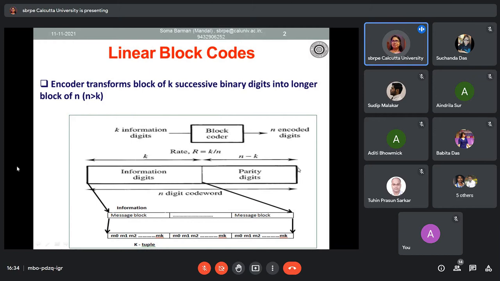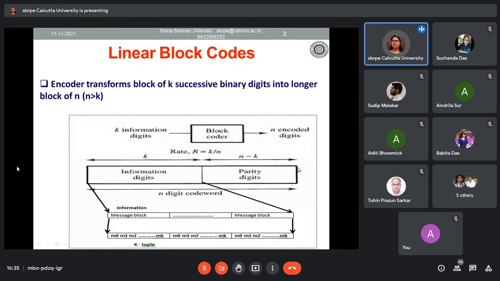In block coding, we consider a long length of information and divide it into packets, and each packet contains k number of information bits or digits. In each packet you add the redundant bits, and your code length is n.